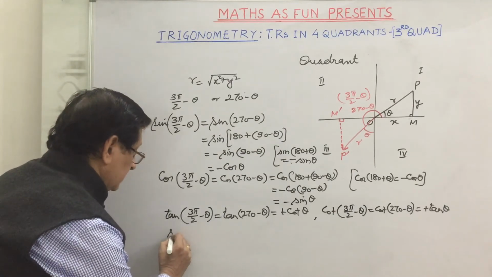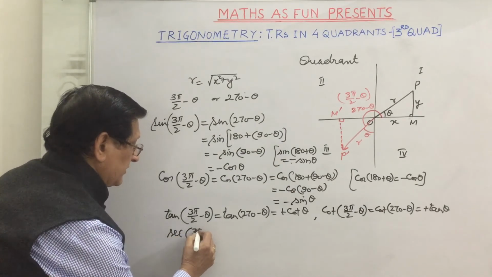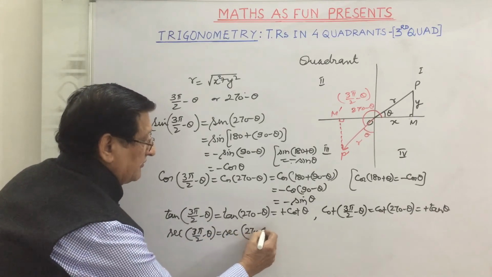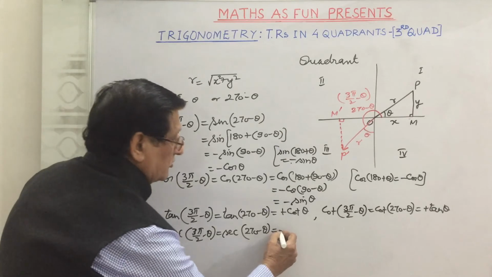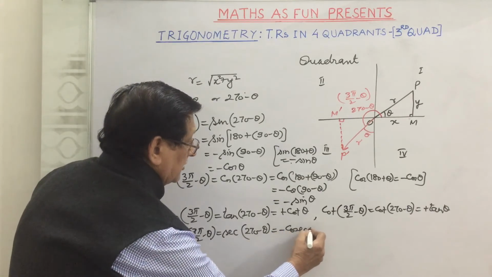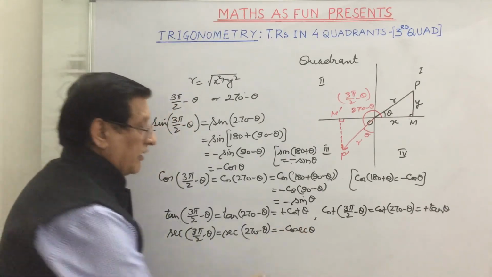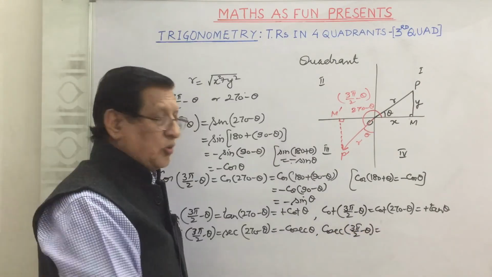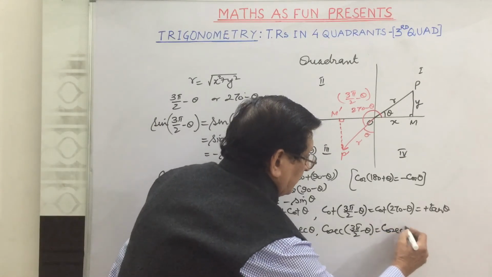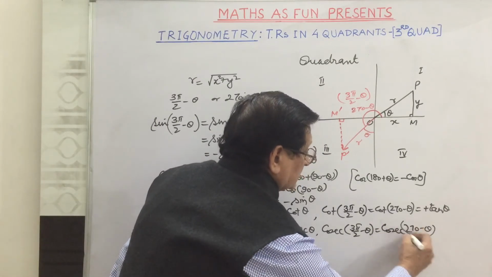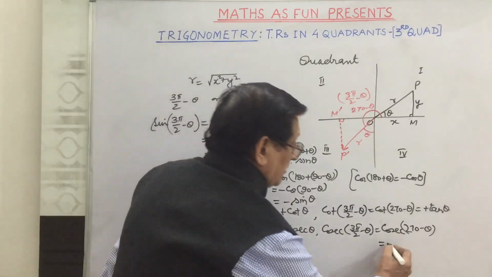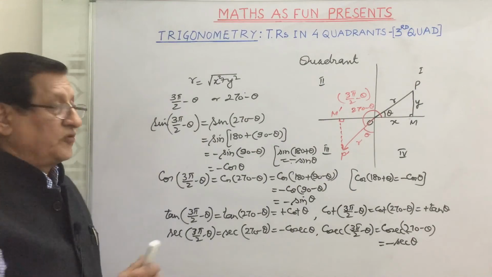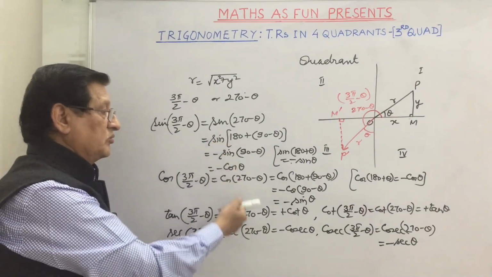And when we go for sec of 3 pi by 2 minus theta, or we say sec of 270 minus theta, that will be equal to minus cosec theta. And cosec 3 pi by 2 minus theta, or we say cosec of 270 minus theta will be equal to minus sec theta.